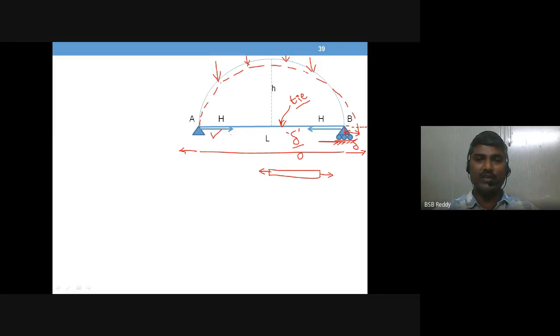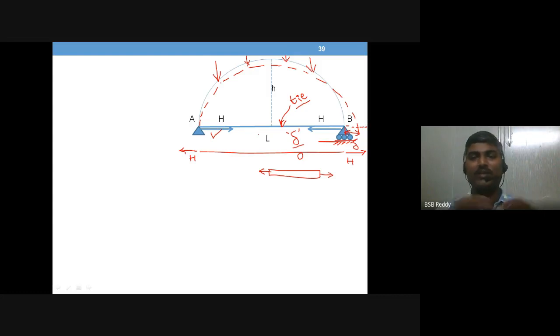You can see clearly that the force developed on this tie member is a tensile force, H, a horizontal force, right? So this is the purpose of what is meant by a tied arch. The stability of the arch is achieved by providing a tie where you have one hinge and one roller for the arch.